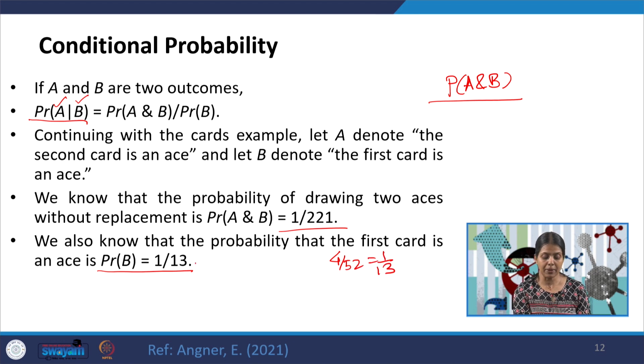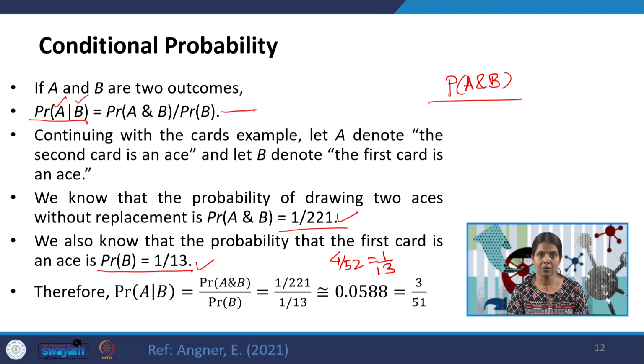Now, if I plug these two values into this expression, what I obtain is 1 upon 221 divided by 1 upon 13, which is approximately equal to 0.0588, which is also approximately equal to 3 upon 51. Now, if you remember, the probability of the second card being an ace while the first card was also an ace was calculated to be exactly 3 upon 51 in the previous slide.